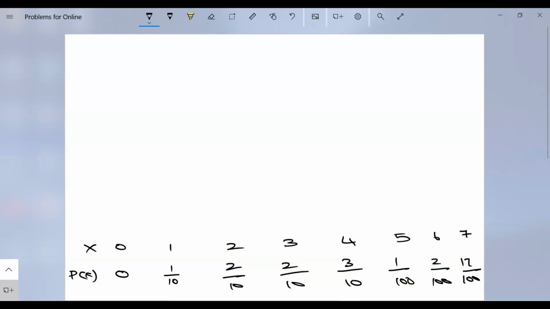Let us see here. We require E of x. I will write the word mean. Mean of x means the mean or average. It is given by the notation E of x. Why do I use E? It means expectation. The expectation of x, if it is discrete, means x takes values 0, 1, 2, 3 like this.